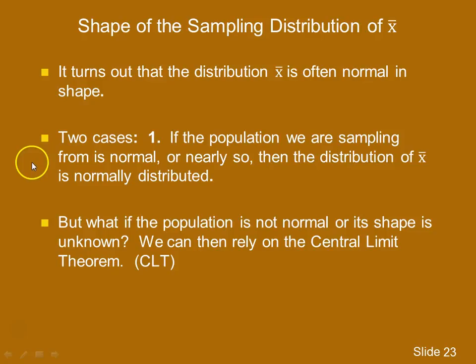That's okay, but that's not really the interesting case, because most of the time a researcher goes out and gathers data, they might not know if they're sampling from a normal population. So what if the population is not normal or its shape is unknown? Well, there's a very important theorem in statistics called the central limit theorem that we can rely on in this case.